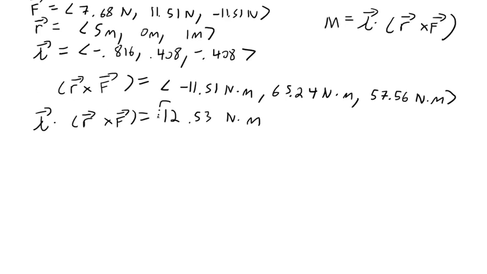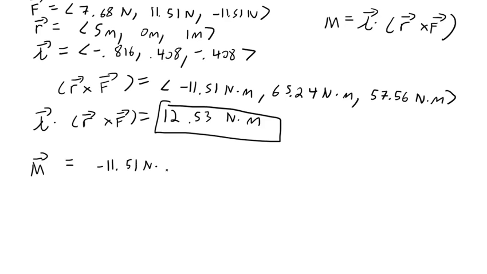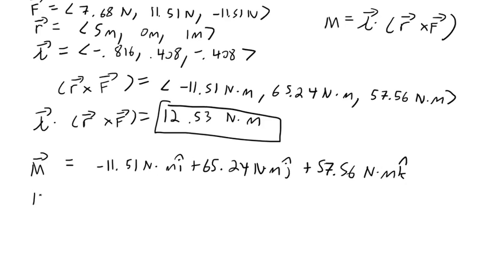So, let's look at this for a moment. So this is the answer here, 12.53 Newton meters. I just want to compare it to something. The actual moment vector is negative 11.51 Newton meter I plus 65.24 Newton meter J plus 57.56 Newton meter K. What's the actual magnitude, the total moment of vector M?